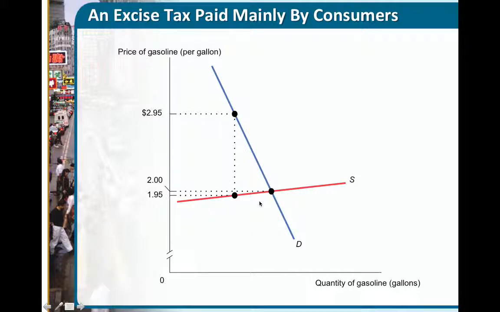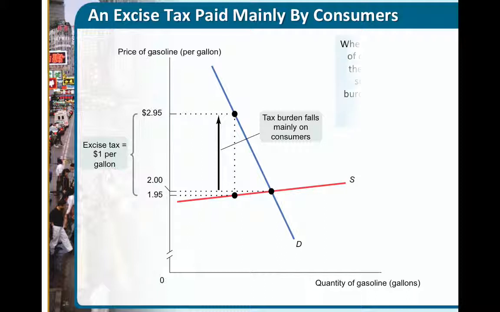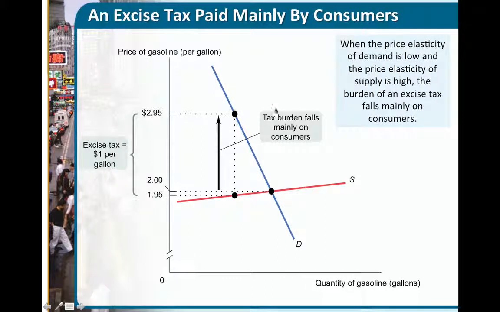As you can see, the excise tax here is paid mainly by consumers. With this tax wedge, the consumers bear a lot more of the burden, and that is because the price elasticity of demand is low.